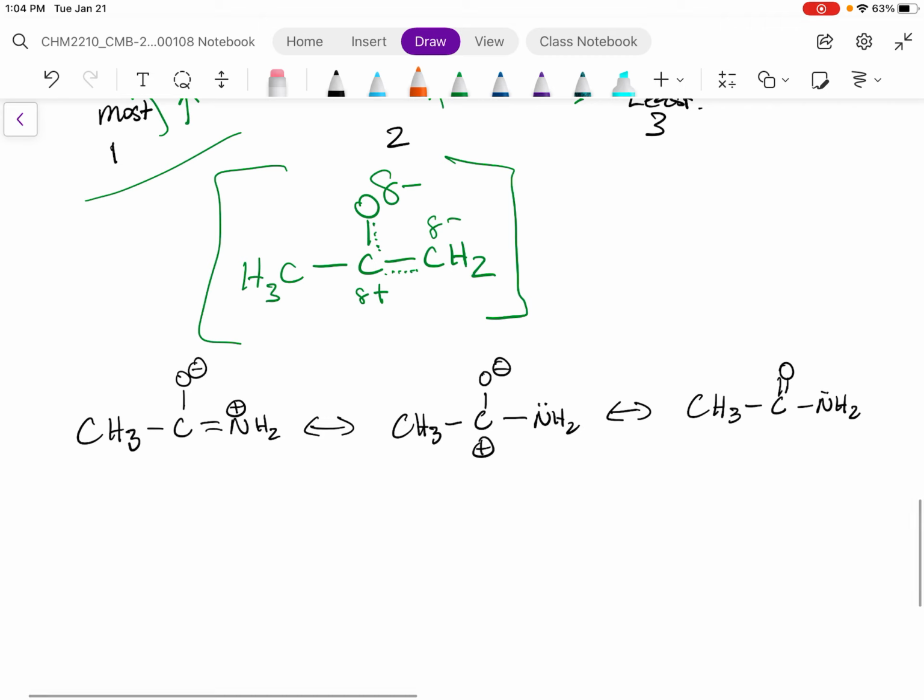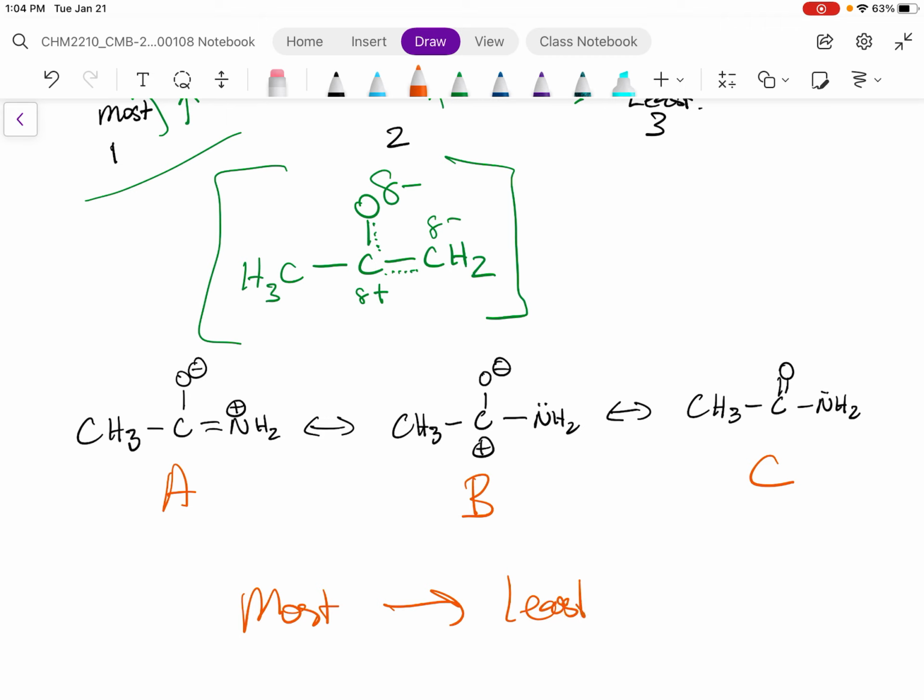Now I'm going to label these. We'll call that A, B, and C. I want you to rank those from the most significant to the least significant. So this kind of resembles the problem from the handout today, question 7. We want to rank those.